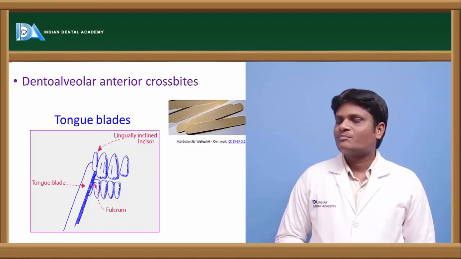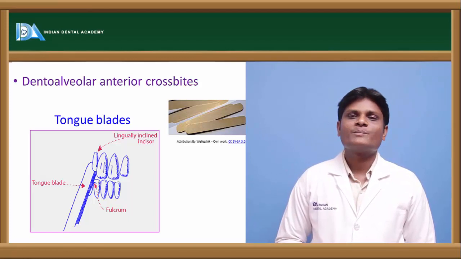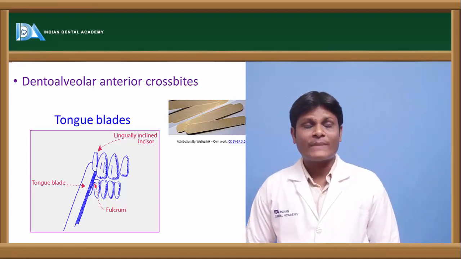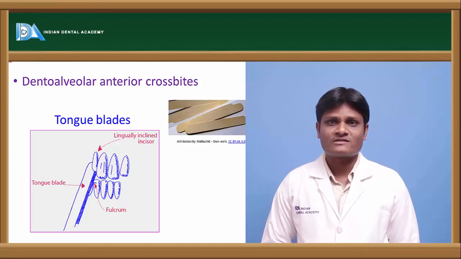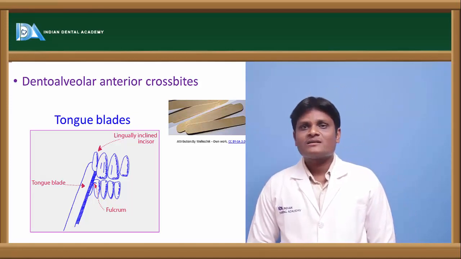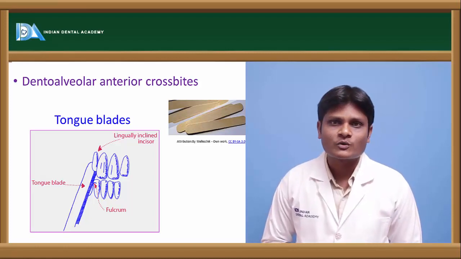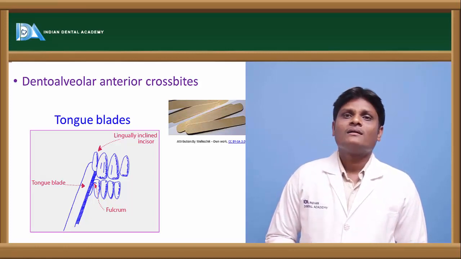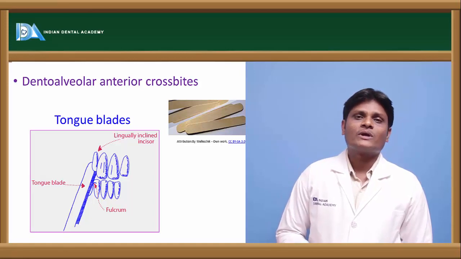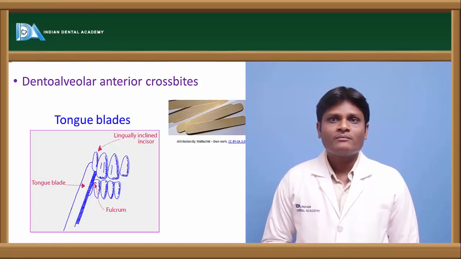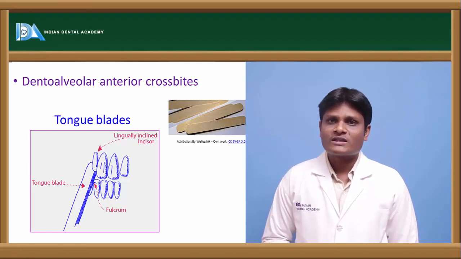The tongue blade is placed just behind the maxillary anterior tooth that is in crossbite relationship, and the patient can gradually apply a labially directed force onto that tooth. Thereby, the tooth that is developing into a crossbite relationship will correct itself into an optimum overjet and overbite.